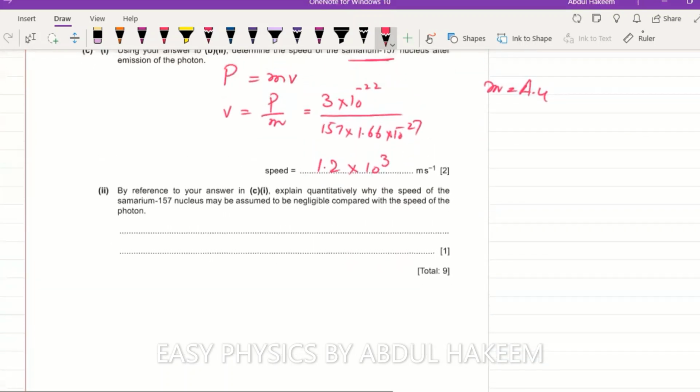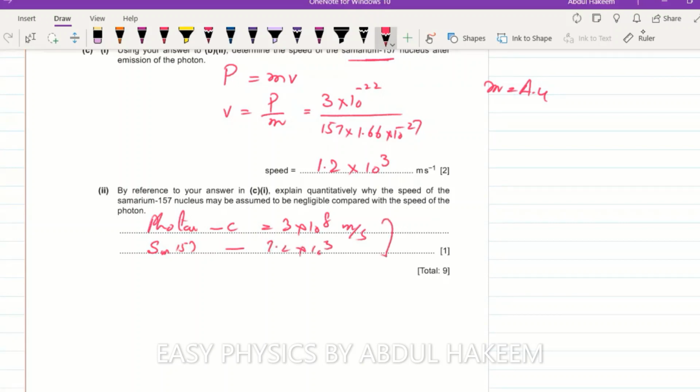By reference to your answer in C1, explain qualitatively why the speed of the Samarium-157 nucleus may be assumed to be negligible compared to the speed of the photon. So the photon is traveling with the speed of light, 3 times 10 power 8 meter per second. But this Samarium-157 is traveling with 1.2 times 10 power 3. So it's too small.